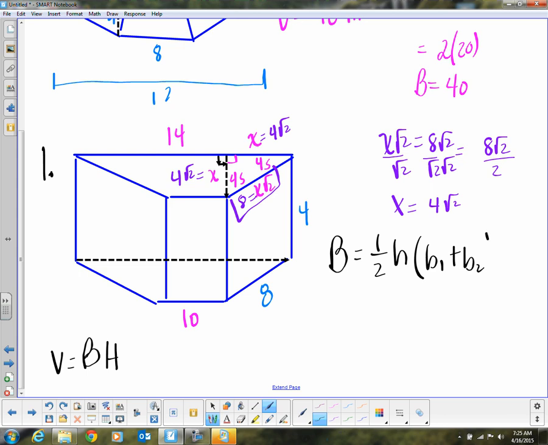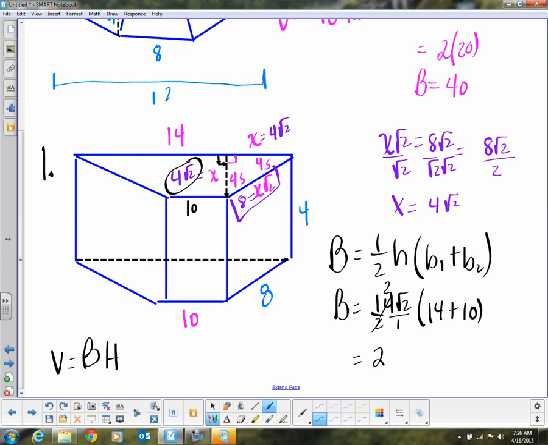Do you know your base 1, base 2? What is 1 base? 14. What's the little base? 10. Okay, you had to find it down here. This is 10. The 10 comes up here. All right, now what's the 2-dimensional height? It's this one right here, which is indeed 4 square root of 2. So what does 2 do to that 4?